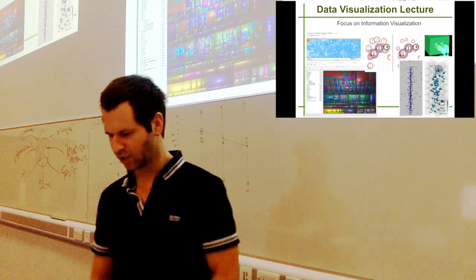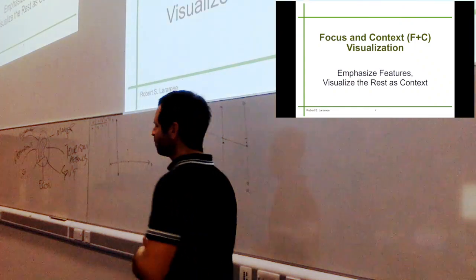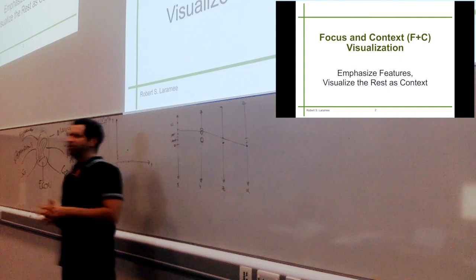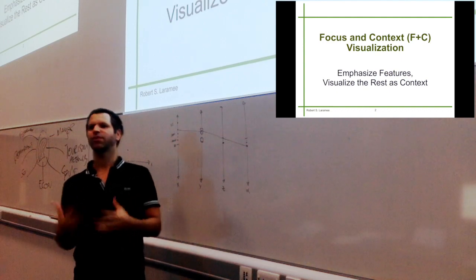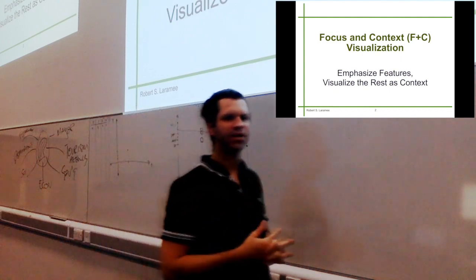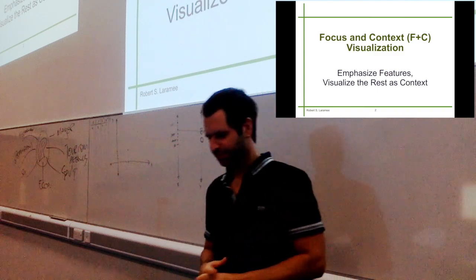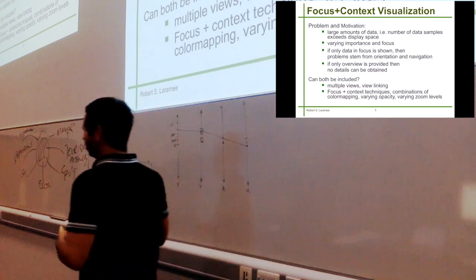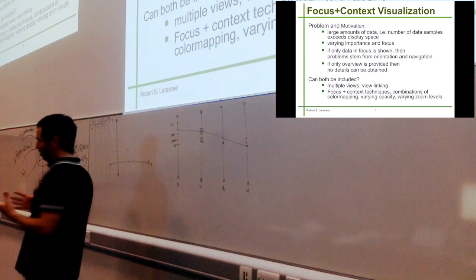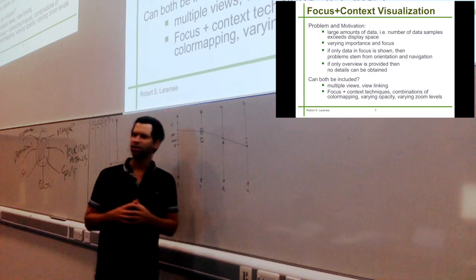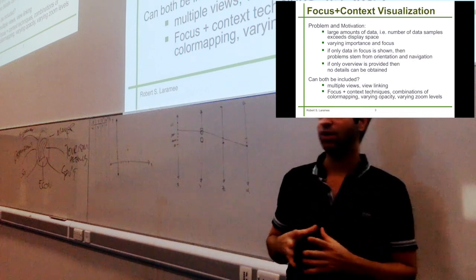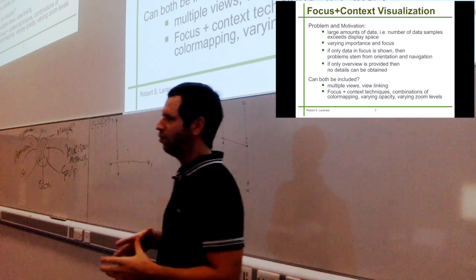topic is focus and context, which you've already been exposed to, but now we're going to give you lots of different examples of this focus and context idea. So the idea behind focus and context is that there are a few motivations, but generally speaking, not all data is of equal importance.